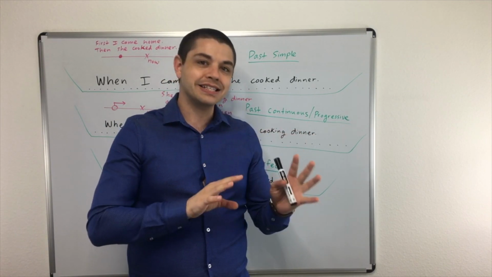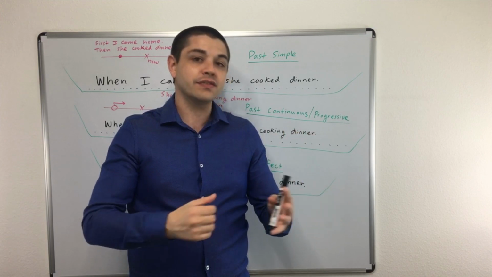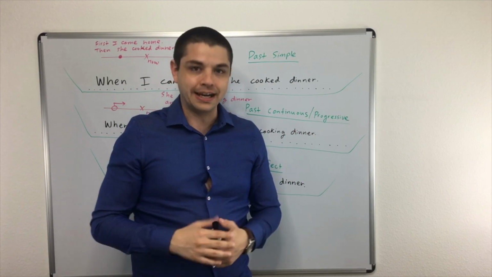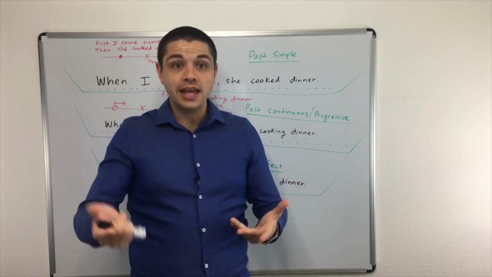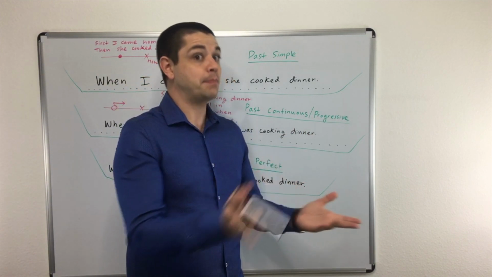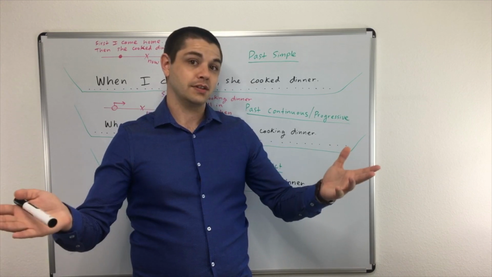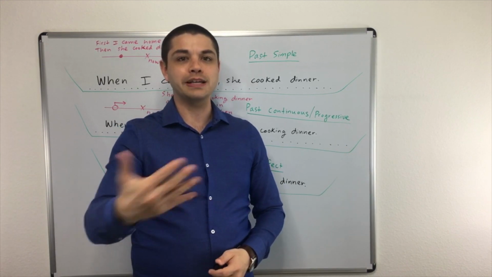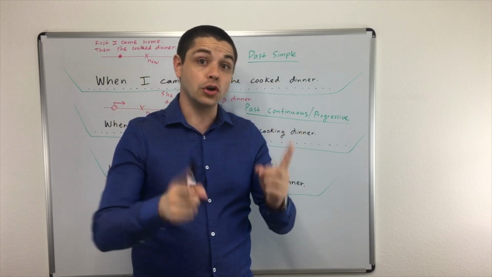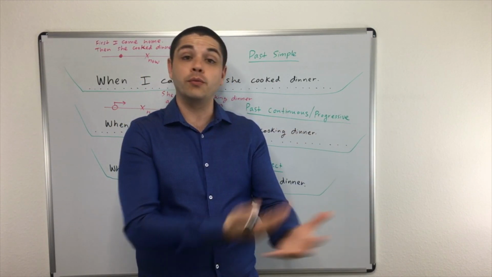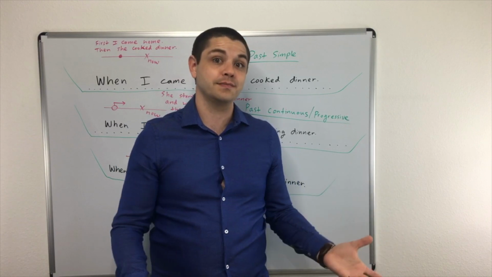So we can use past continuous or past progressive to talk about interrupted actions. So we might say, John was speaking when Mike interrupted him. All right? Past continuous or past progressive also focuses on a process, not a result. So we don't have a result here, and we don't know what happened in the end.